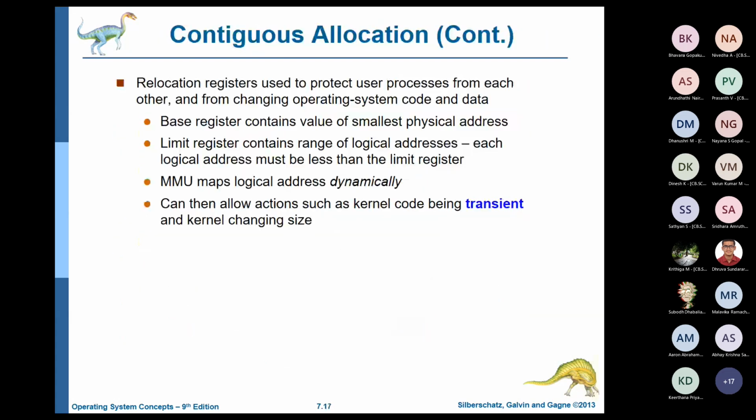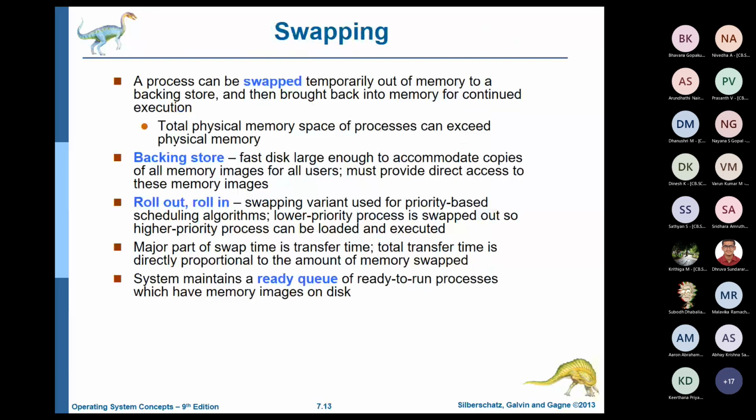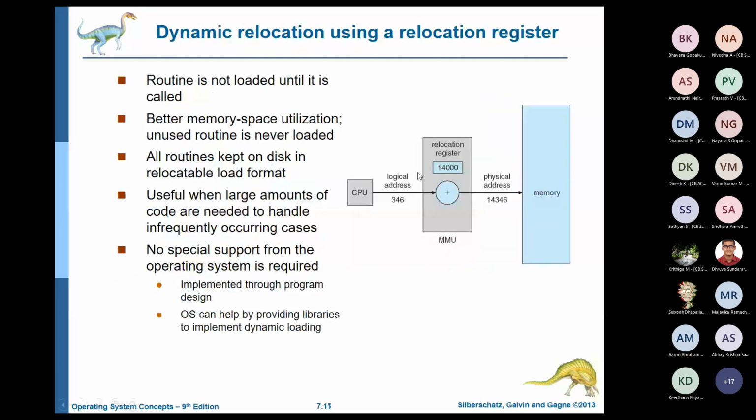I'll again repeat it. Have a logical address. With a logical address, there will be a base and limit register. When you add the base and limit register, you get the physical address. This is the basic translation of a logical address to a physical address. Logical address is also known as virtual address.